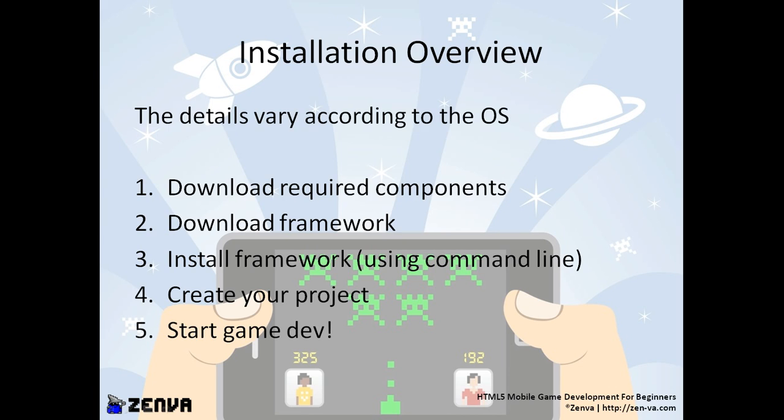So you just choose which path you want to go into. But basically, it's just the same in gross terms. You have to download the components that I just mentioned, download the actual framework, and install it using command line. Then you create your new project using command line, and you get started.